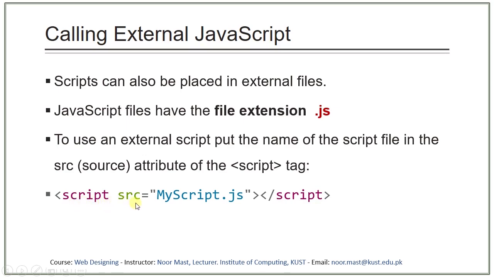Here we have the script tags, and then we use the src attribute and specify the script file to be used in our HTML pages. Using this method is useful if you want the same script to be available to multiple documents. It saves you from repeating the same task over and over and makes your website much easier to maintain.